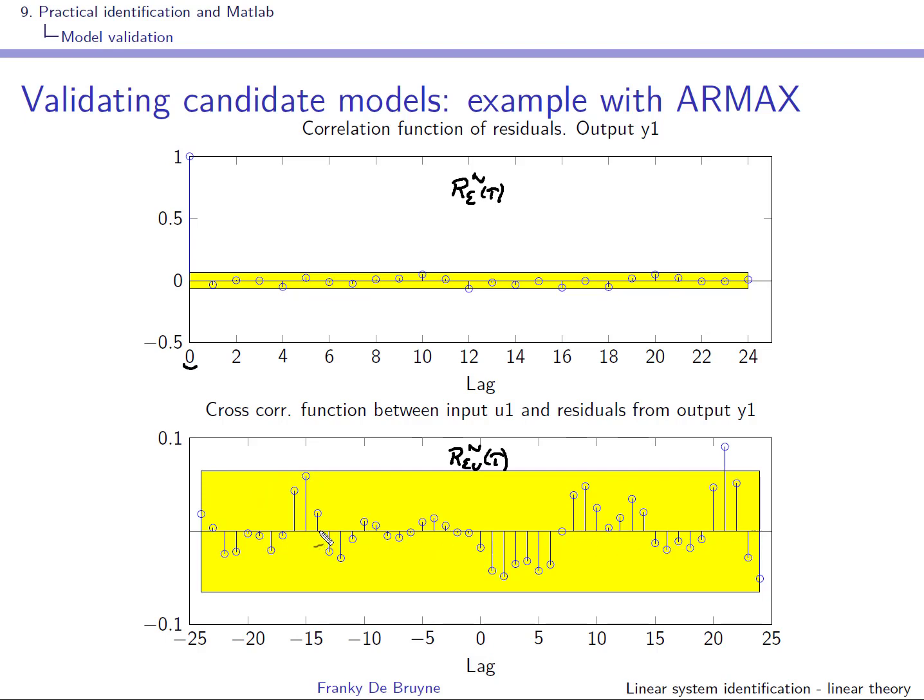This is because the data that you receive might have inherent non-linearities, and you will never be able to validate either G or H with 100% probability. But what you can do is use these correlograms to compare different model structures.